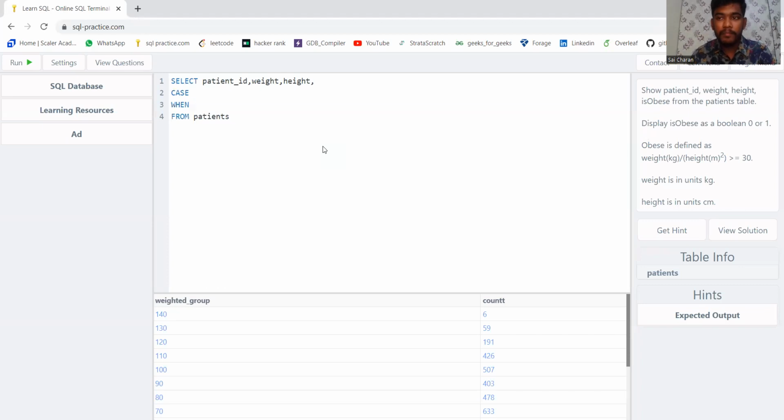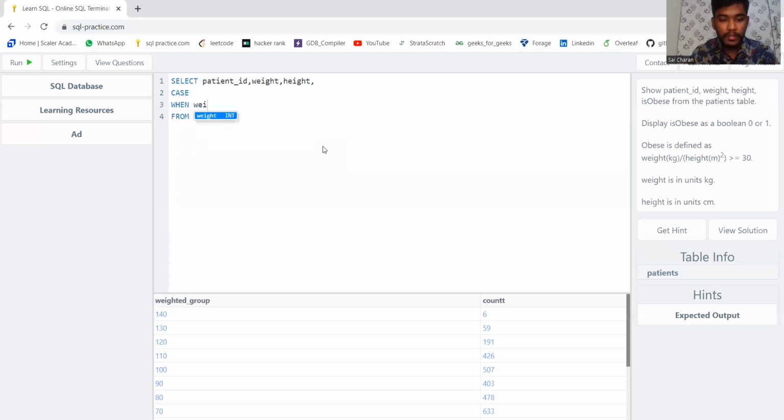Case when. Here they have given a formula to check whether the patient is obese or not: weight by height squared. But in the table, weight is given in kgs and height in centimeters. So we first need to convert height into meters.